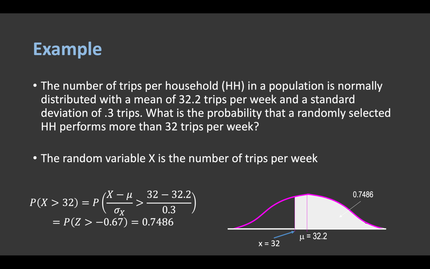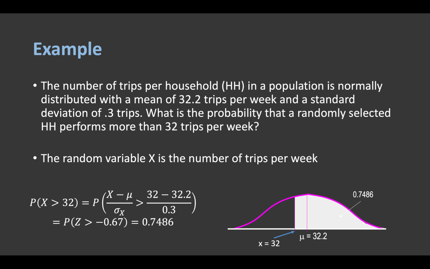Here, the random variable x is the number of trips per week. For the population, we know it follows a normal distribution, and of course, this is not a standard normal distribution.